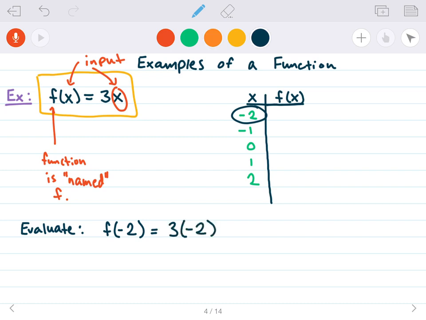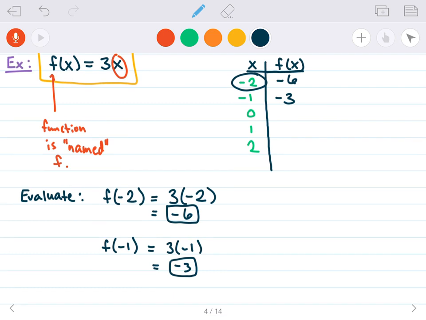All we're going to do is plug -2 into my function where I see an x, and that's only one place on the right side. Now I can multiply: 3 times -2 gives me -6, and there it is, my output. So when x is -2, f of x is -6. I can do the same thing for the other numbers. For f of -1, 3 times -1 is -3, so my input is -1 and my output is -3.